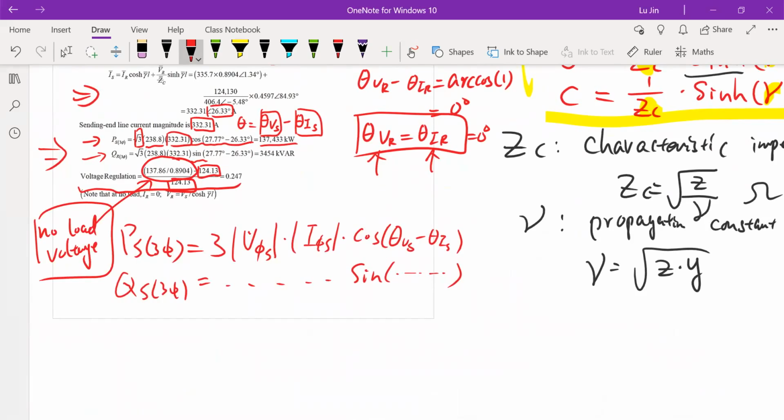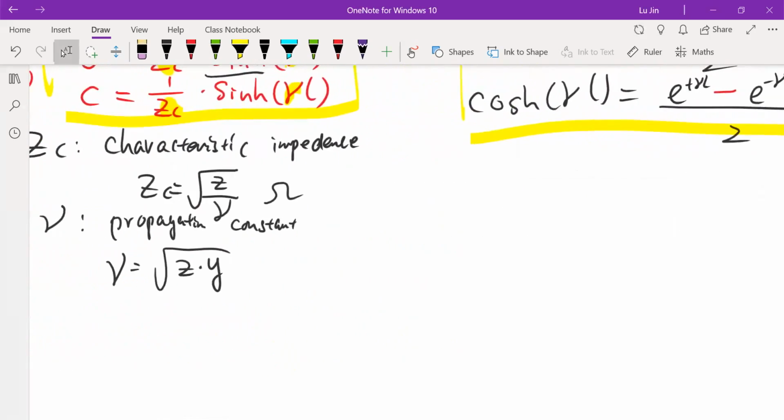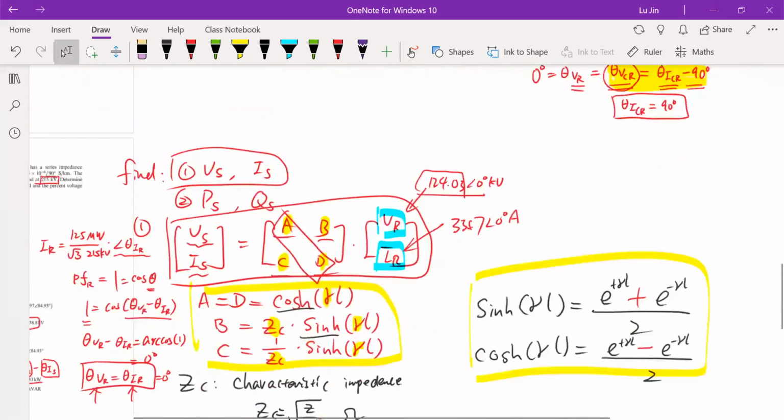But I think this is not new. Last week we had similar questions. No load means at the receiving end, no load is used. If at the receiving side you have no load, then IR will be equal to 0. And the VR is actually the no load voltage. So in other words, we keep using the same ABCD model.